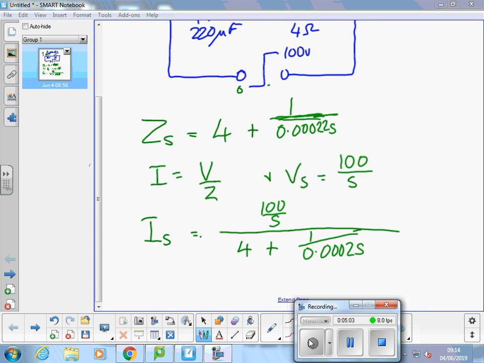Incidentally, from your electrical knowledge, what shape of graph are you expecting here over time? Well, it starts at time equal to 0.